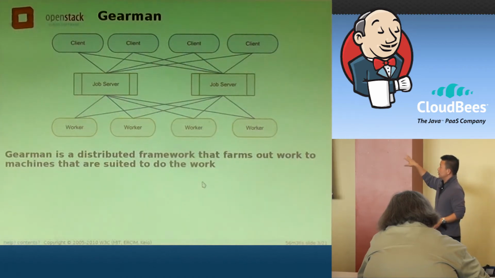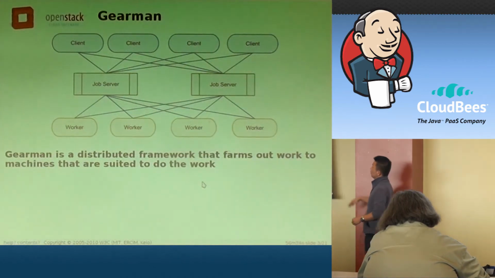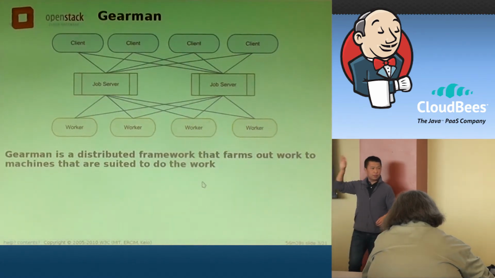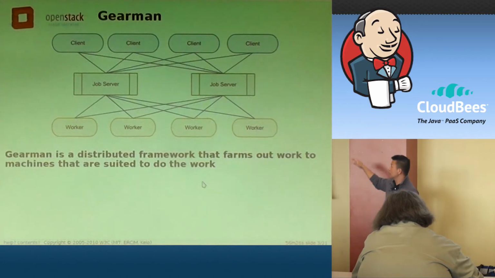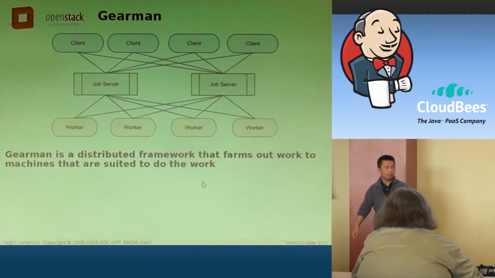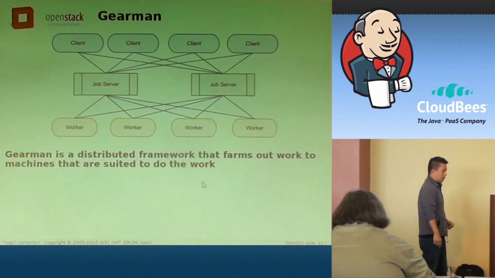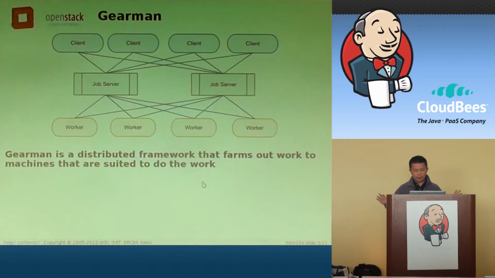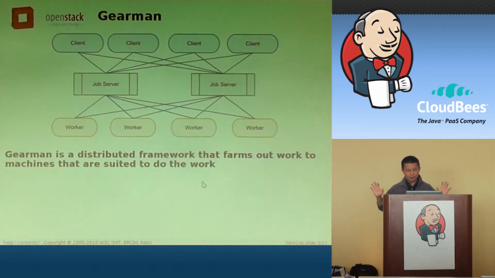It's a distributed framework where you can have as many job servers as you want, as many workers as you want, and as many clients as you want. And you can have these multiple connection points to each one of these pieces. That's just the explanation of Gearman, to give you an idea of what it is. I'll go through how we use it later in the talk.